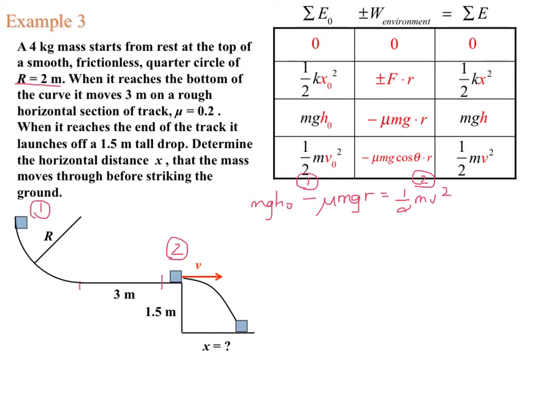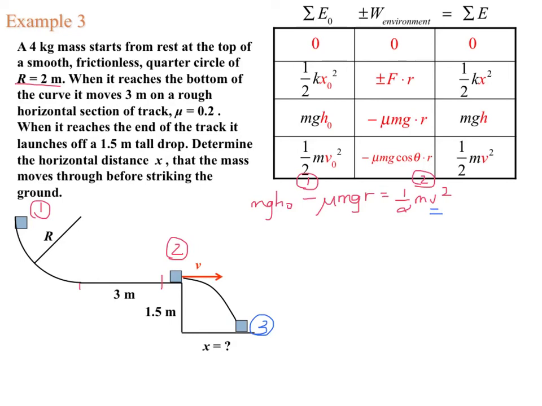Okay. Now, the problem actually asks to determine the horizontal distance x. Well, from position 2 to position 3, it's actually a horizontal projectile problem. So in order for us to figure out how far it goes in the x direction, we actually need to solve for the velocity.